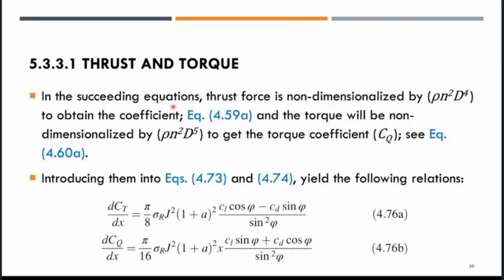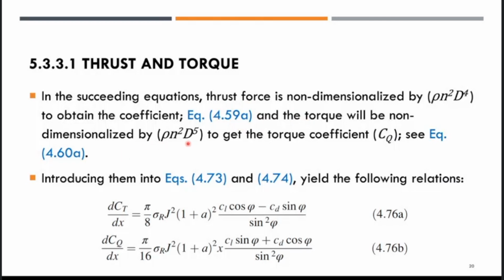In the succeeding equations, the thrust force is non-dimensionalized by rho n squared D to the power of 4 to obtain the coefficient, equation 4.59a, and the torque will be non-dimensionalized as well.